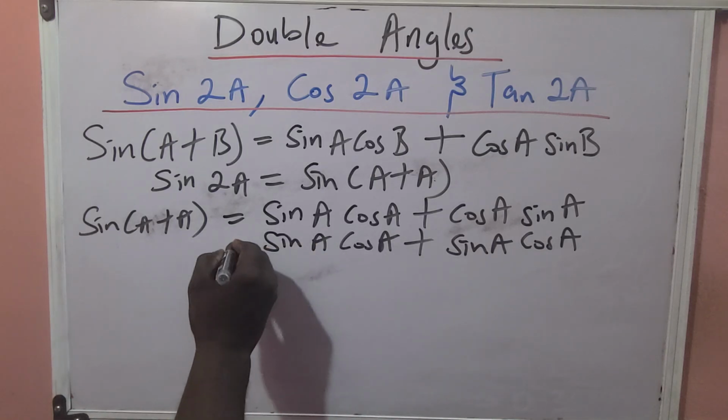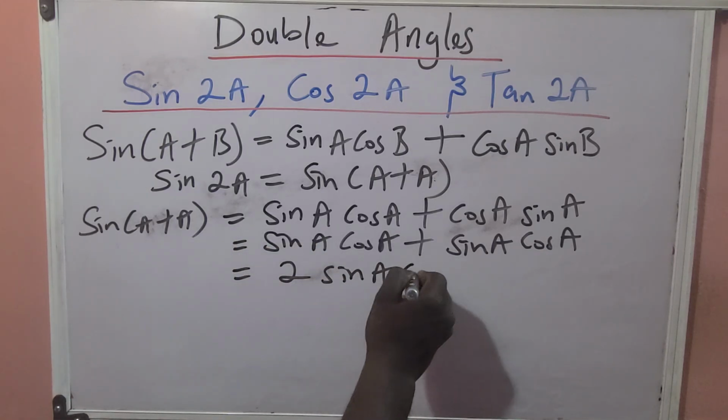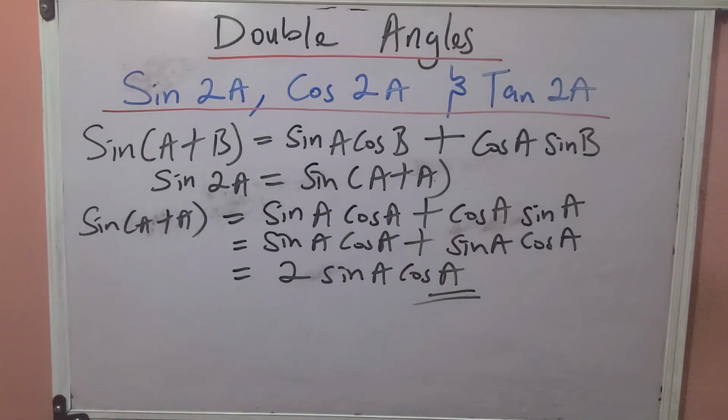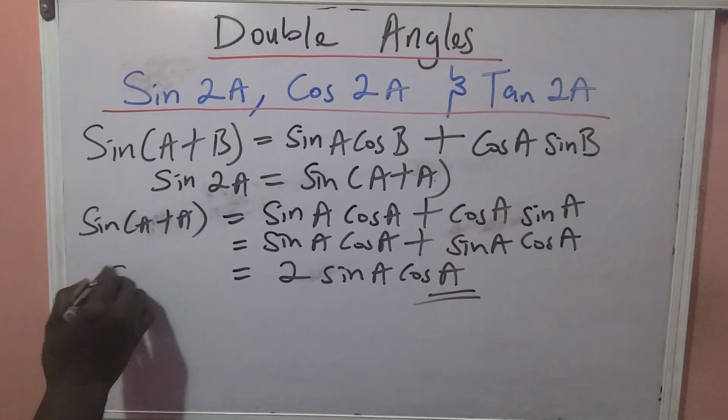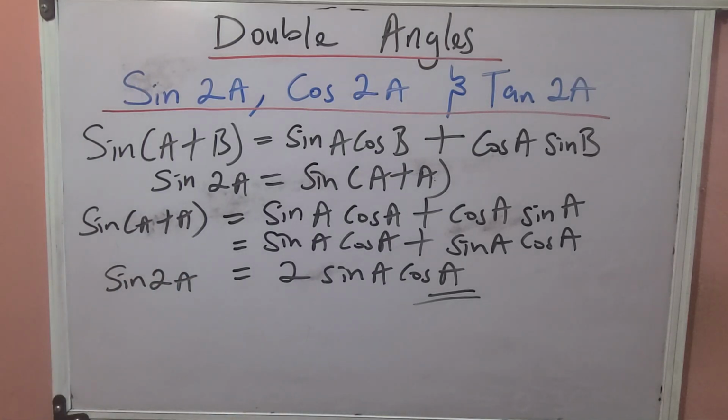So this will obviously give me 2 sine A cos A. So this is our very first identity, and I can conclude that my sine 2A, that means the double angle when I'm dealing with sine, is given as 2 sine A cos A.